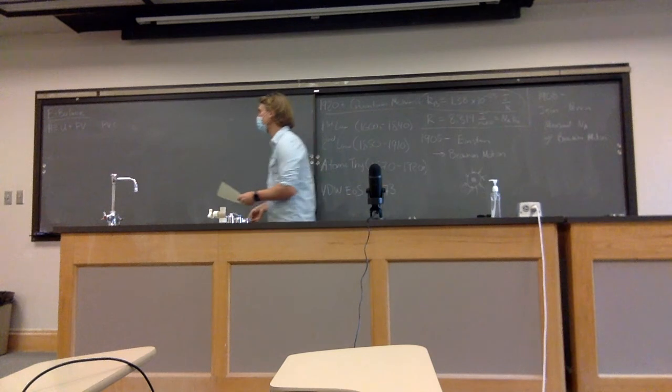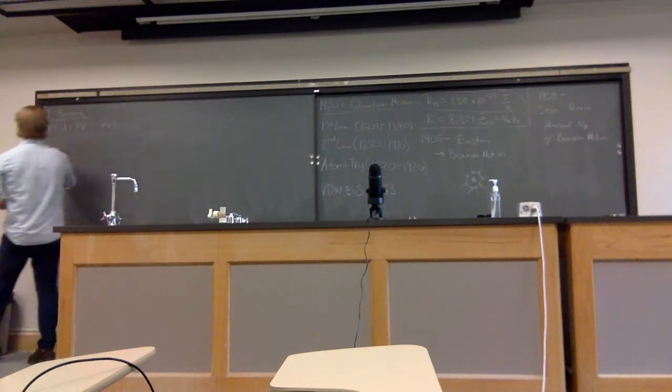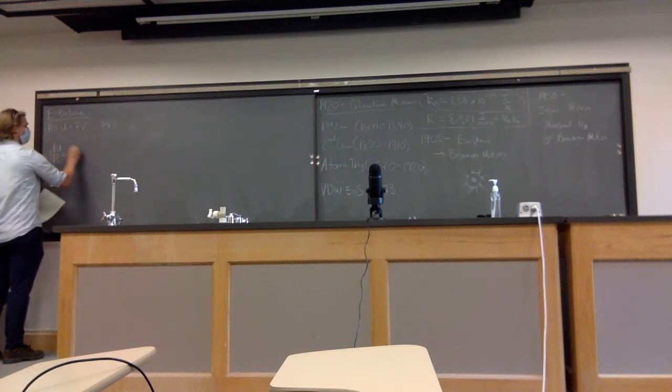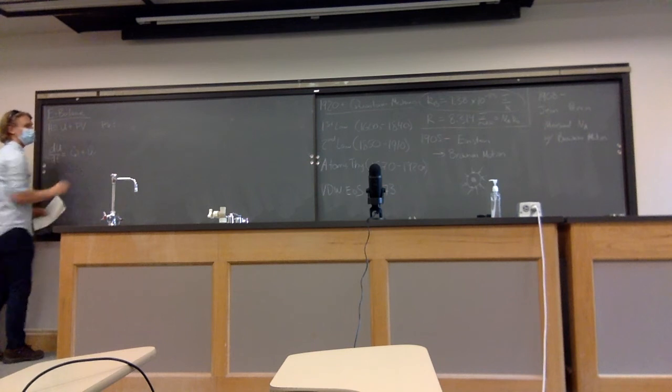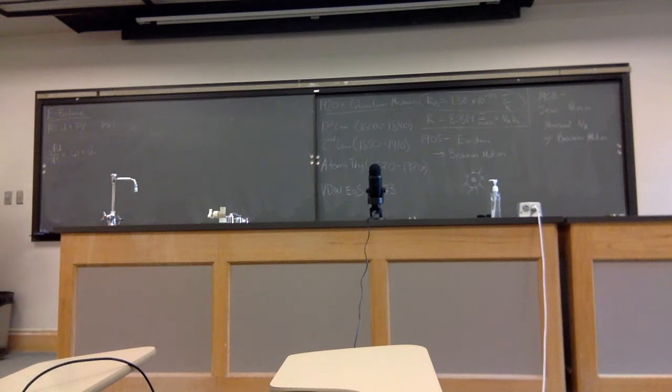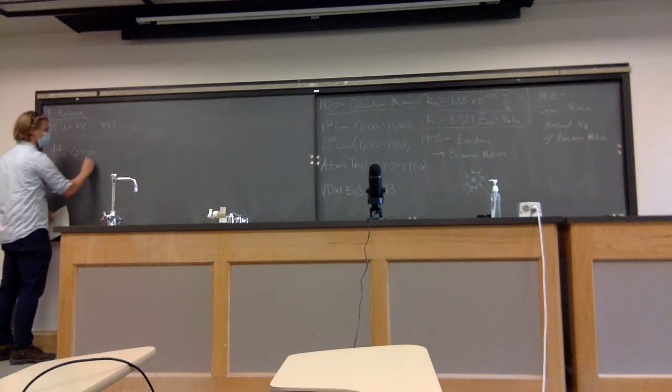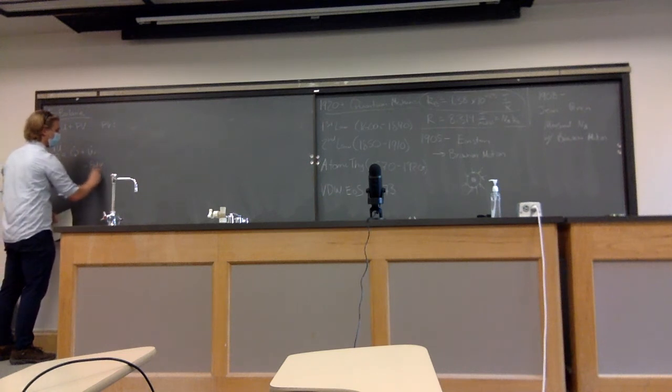So in a constant pressure system, the rate of change of the internal energy as a function of time for any particular process is going to be the rate of heat input plus the rate of work input. Now we can rewrite work as minus P dV/dt.